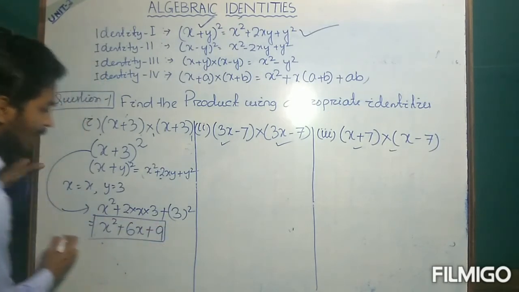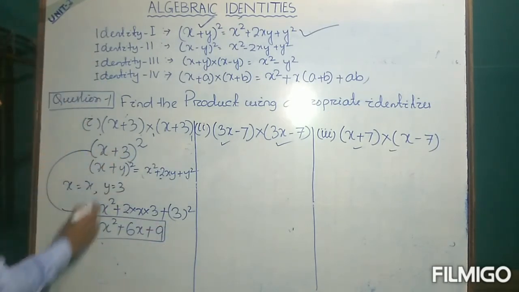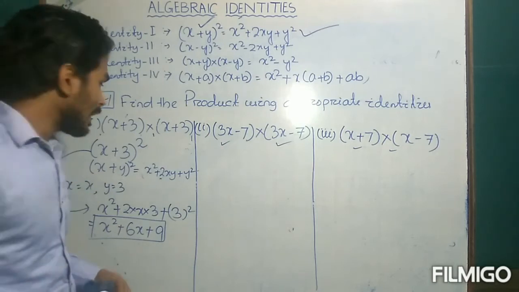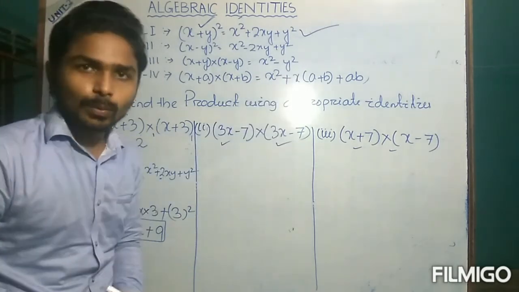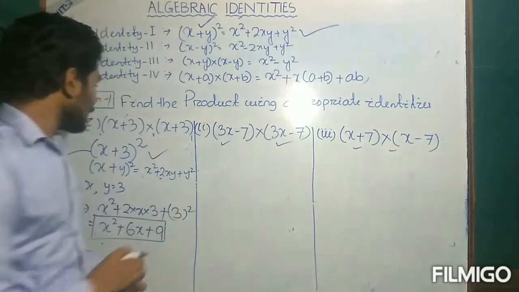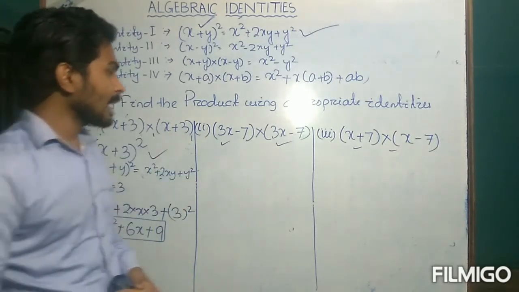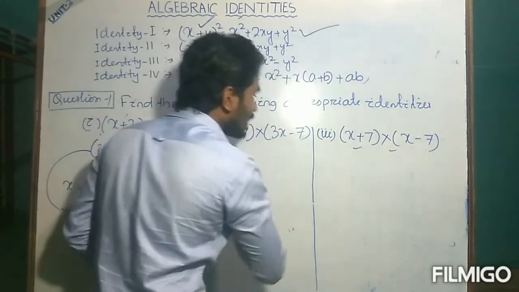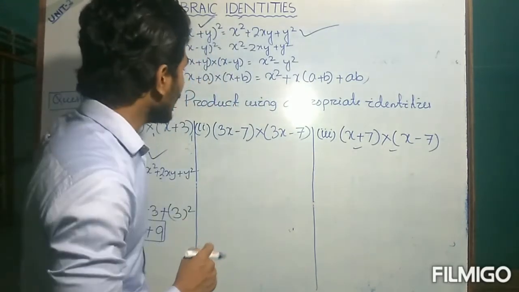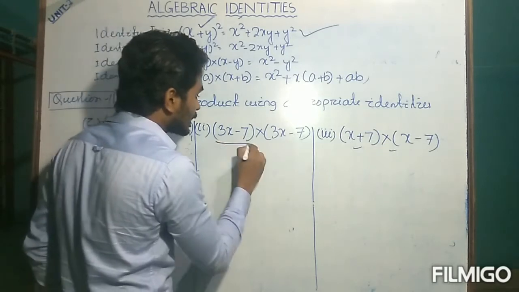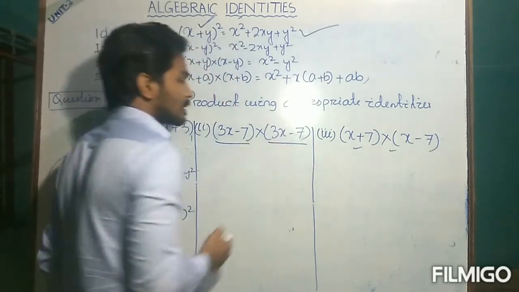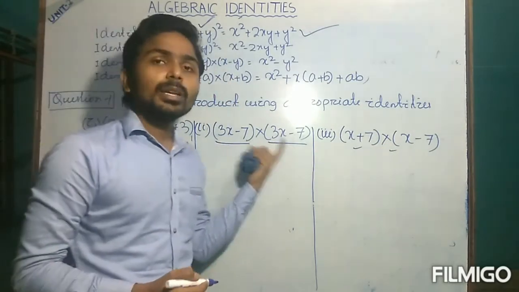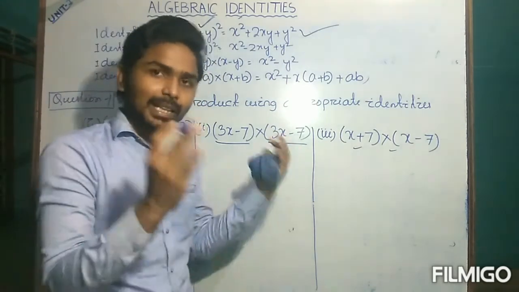So finally we find that (x plus 3) whole square is x square plus 6x plus 9 by using identity 1. Okay, are you getting this? So coming to the next question.